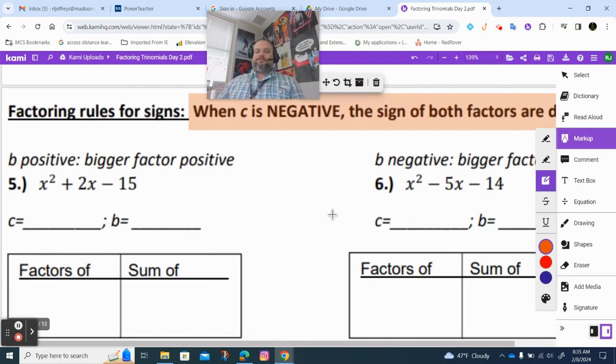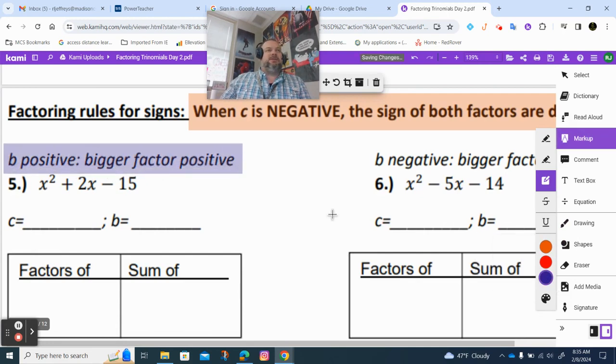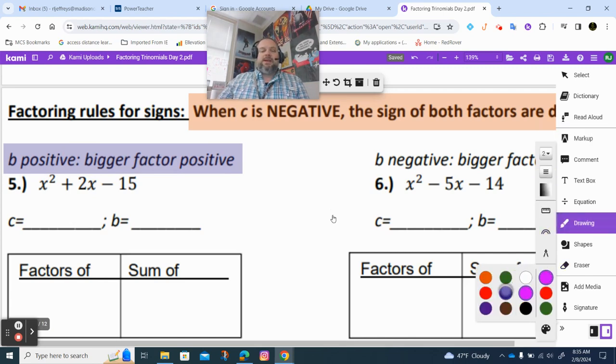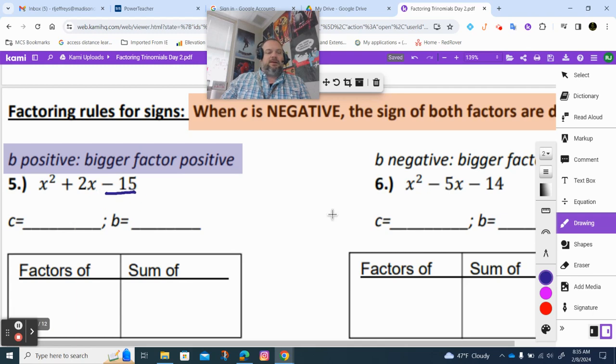So in this one, when B is positive, the bigger factor is positive. We know our C value right here is negative 15. We know our signs are going to be different.